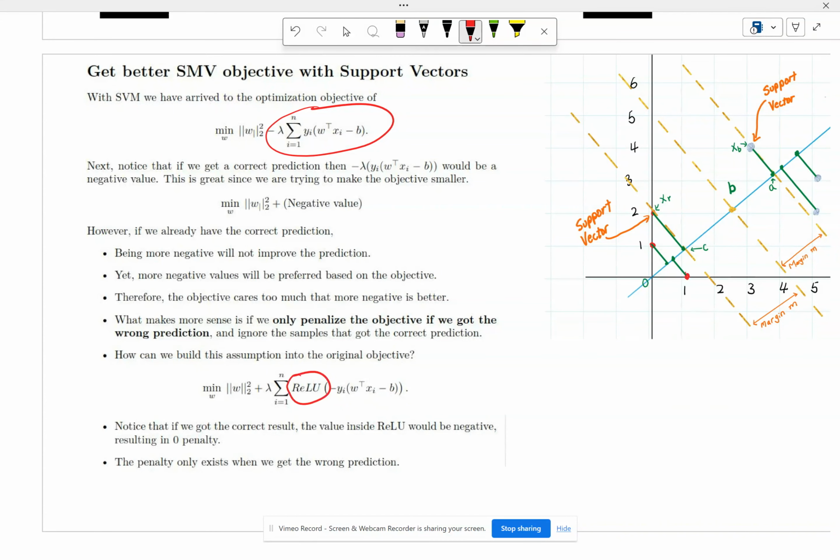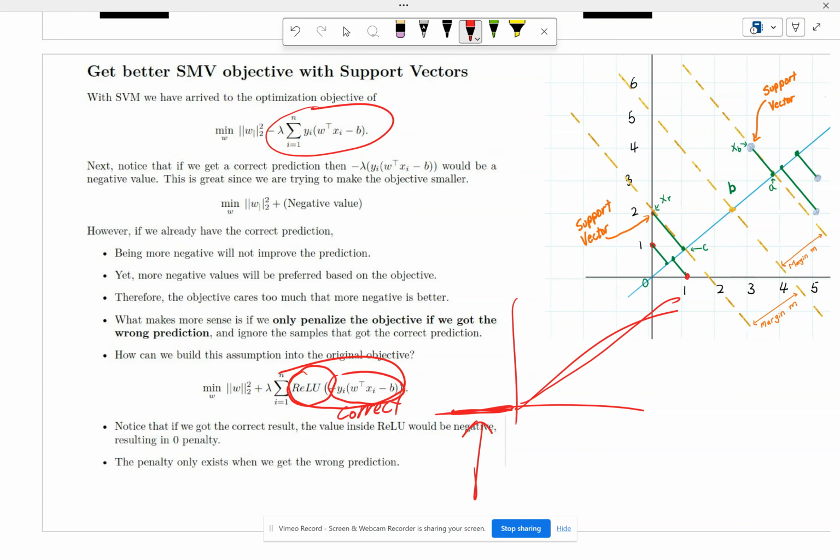Now notice ReLU is a function such that if it's negative, it's going to give you 0. So if you get it right, the whole thing will be 0, meaning getting it right is good enough. It's not going to add to the penalty. But notice if you get it wrong, then this is going to be a positive value, and it's going to go into the penalty because you're trying to minimize.